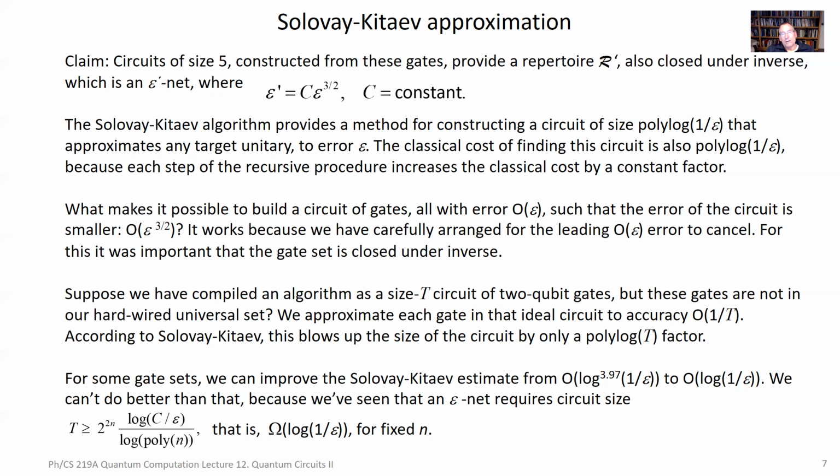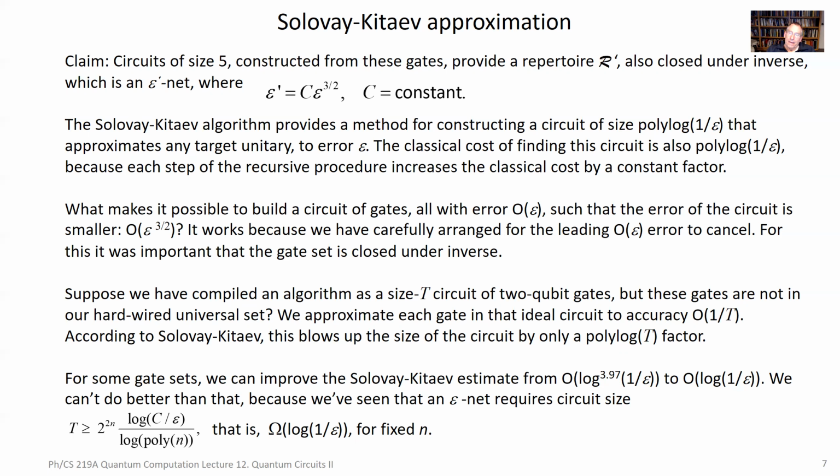So this is a very powerful result. It's very general. Let's say you want to run a quantum algorithm. You figured out how to construct the unitaries you need for the algorithm out of 2-qubit gates. But now I have a machine which can only do certain hardwired unitaries, maybe because it's a fault-tolerant machine, and to get fault tolerance, there are only certain unitaries that I can do with good accuracy.